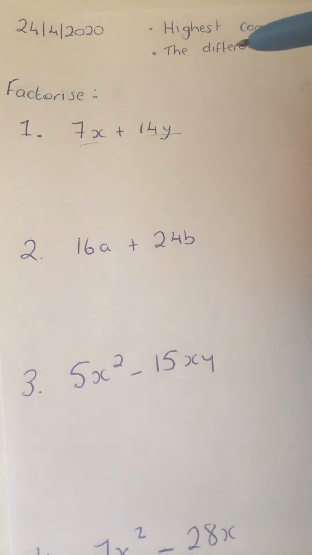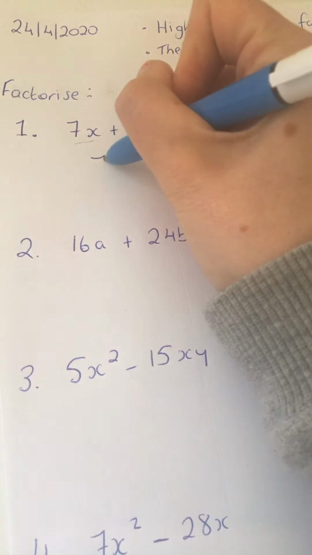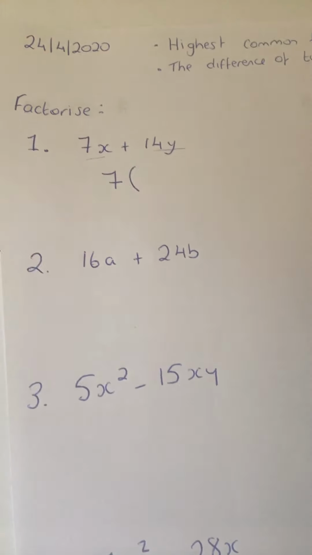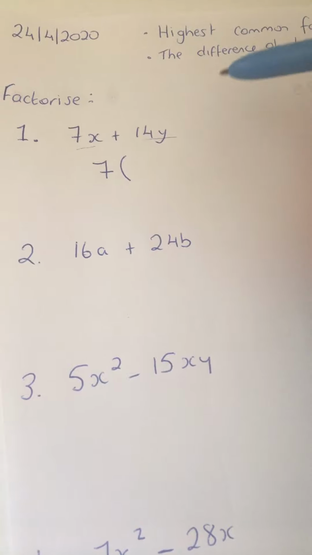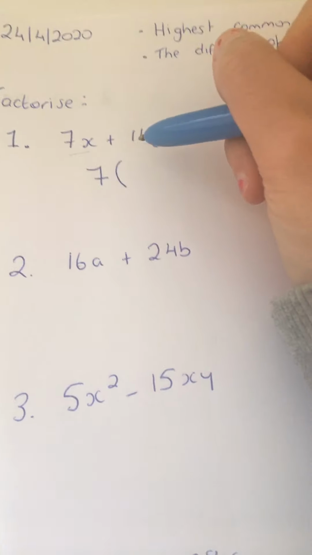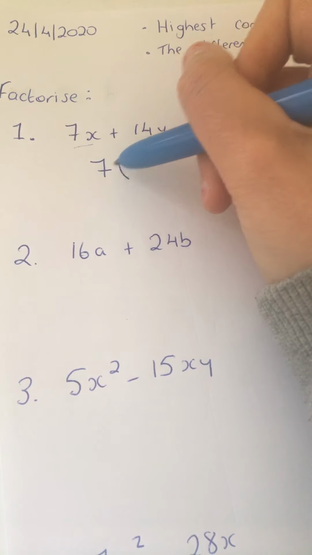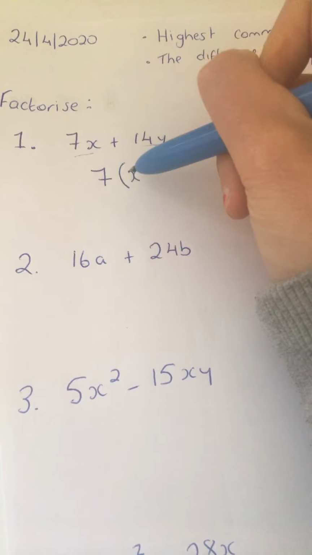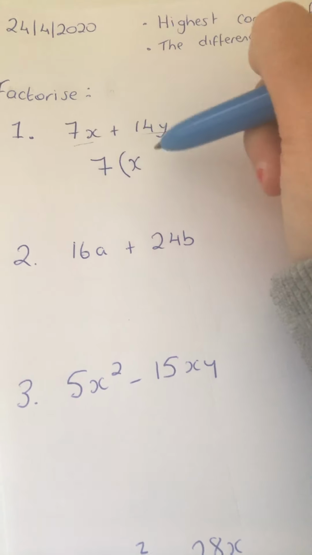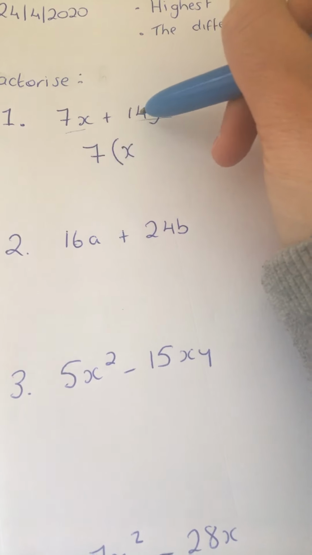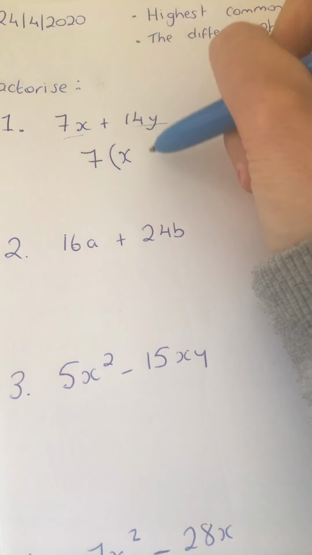So the highest common factor is 7, and we always place that down first outside the bracket. And inside the bracket then is just what is left over when you've removed that highest common factor. So 7 and x. If you were to go backwards, you'd say 7 multiplied by x and you would get 7x. And what would you multiply 7 by to get 14 back?